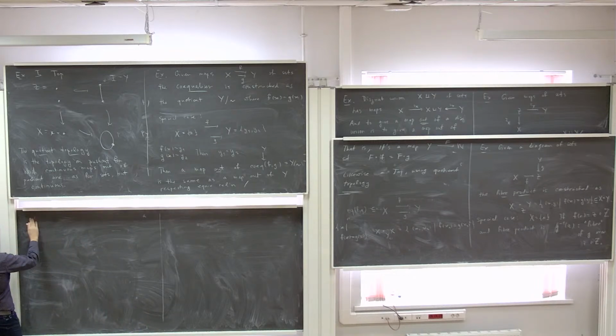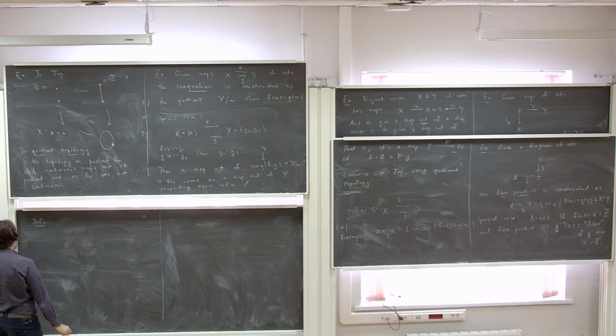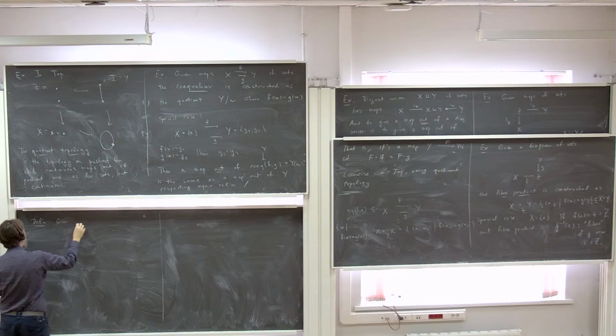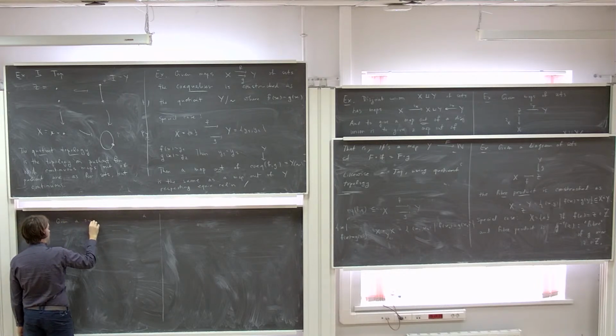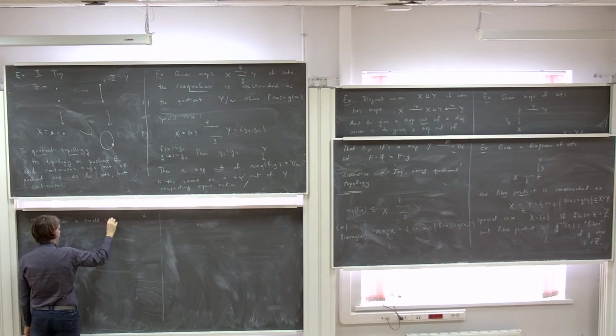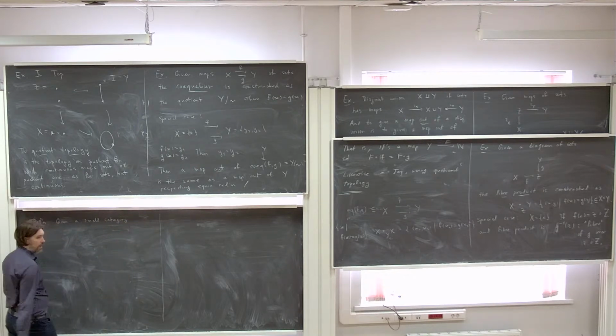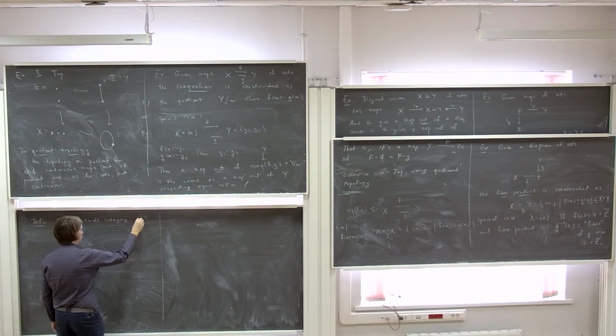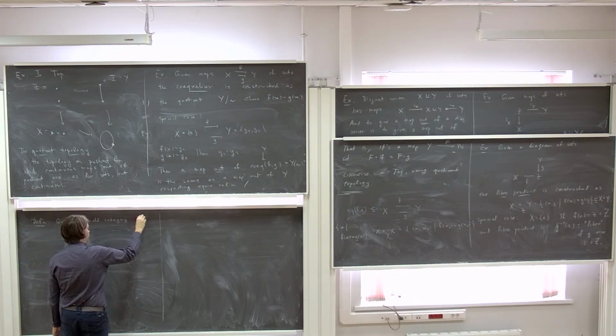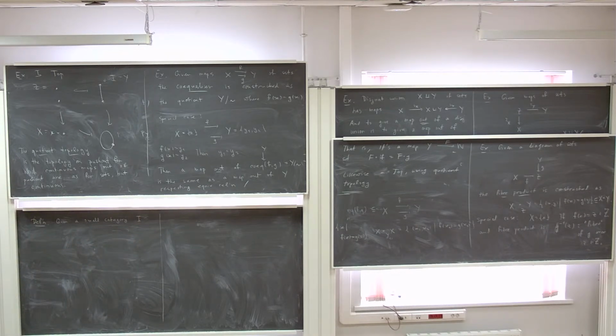So I need to give some language in order to formulate the definition. So definition, given a small category. Small means there's a set of objects. You can fuss about set theory if you want to. I don't want to, so I'm going to assume it's small.